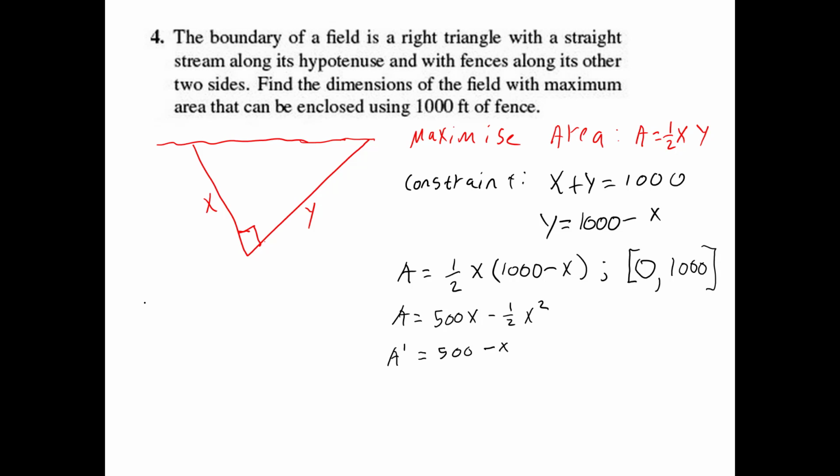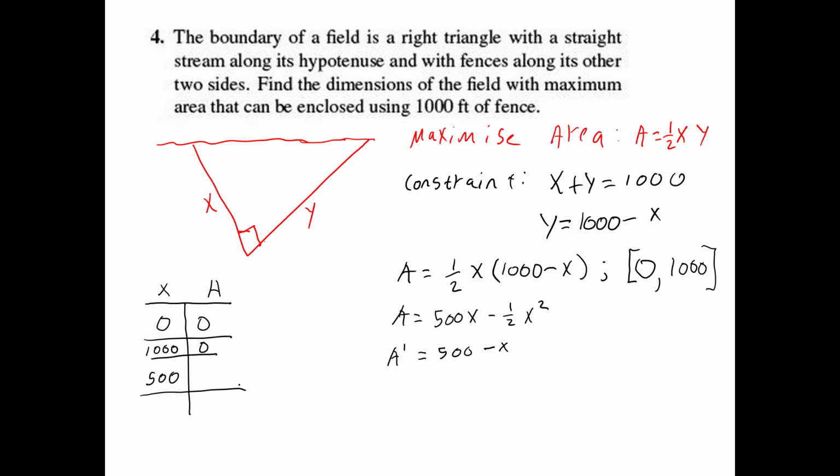So then we're looking for the absolute max, and so we know that it has to happen at the endpoints or at the critical points. And at the endpoints at 0, we're going to get an area of 0, and at 1,000 we're going to get an area of 0. So that 500 has to be the value that I use to get my maximum value.